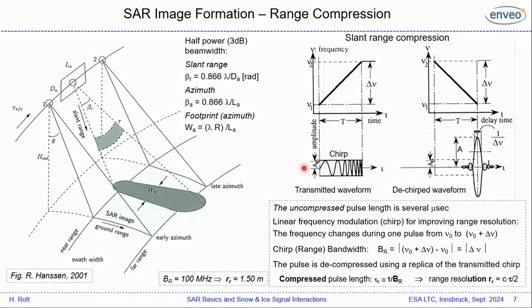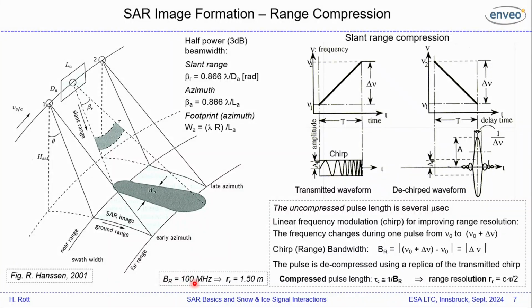And typically, this is in the megahertz range. For example, with Sentinel-1, we usually have, for wide swaths, on the order of 40, 50 megahertz. We can even go up to 100 megahertz. So usually it's tunable. Even for satellite SAR, you have an option to modify this.